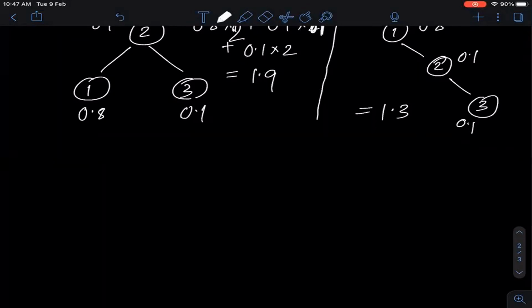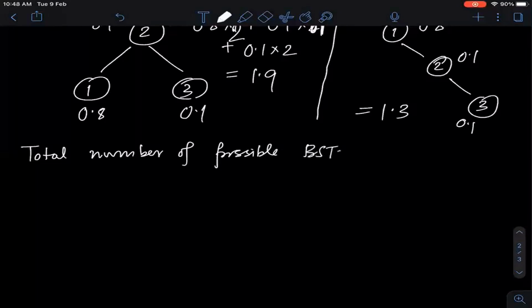So the total number of possible BSTs on n nodes is roughly, let me just keep it at Catalan number. There is something called the Catalan number.